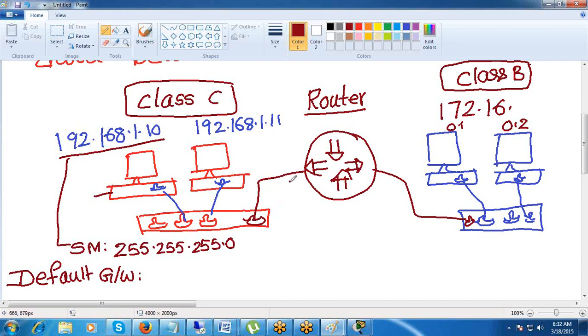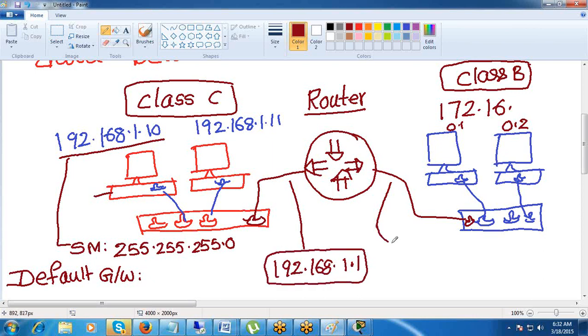This is one network card and this is another network card. For this network card we have given the IP address 192.168.1.1, and for this network card 172.16.0.1.